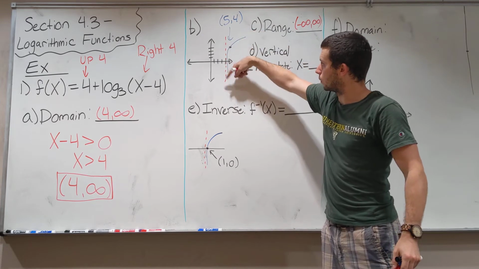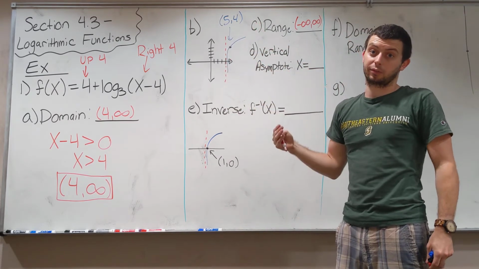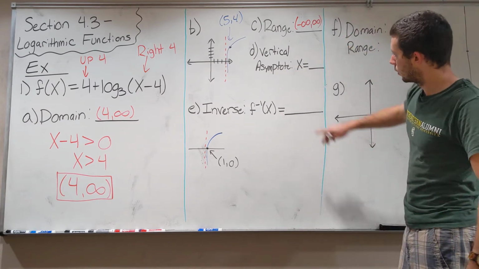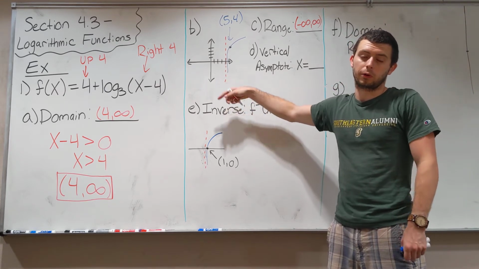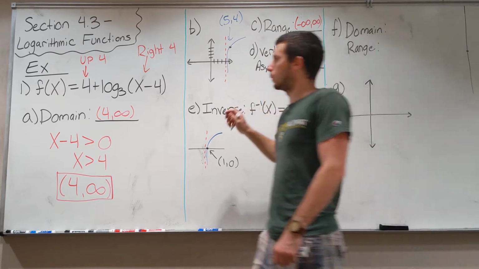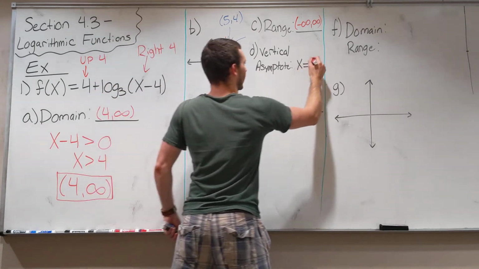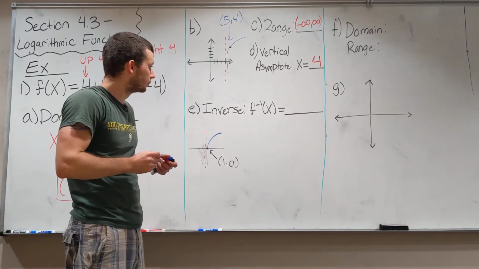It goes down forever, it goes up forever, because there's no horizontal asymptotes restricting us from going up or down. The vertical asymptote, it just wants to know where this vertical dotted line shifted to. And if we just count 1, 2, 3, 4, that tells us that the vertical asymptote is at x is equal to 4.